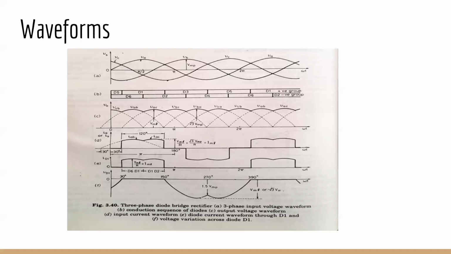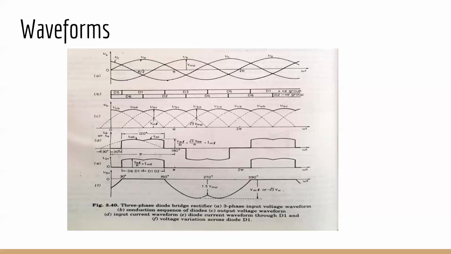During the interval at omega t equals 0 degree to 30 degree, it is seen from figure B that diodes D5 and D6 conduct, as shown in the previous figure.